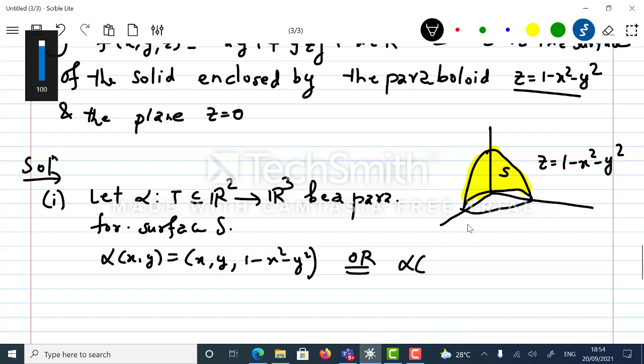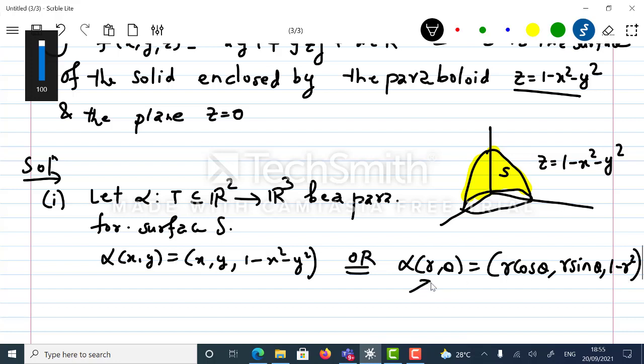So x is r cos theta, y is r sin theta, and z is equal to 1 minus r square sin square theta minus r square cos square theta. Sorry, x square plus y square will be r square. So it will be r comma theta, x is r cos theta, r sin theta, and 1 minus r square.